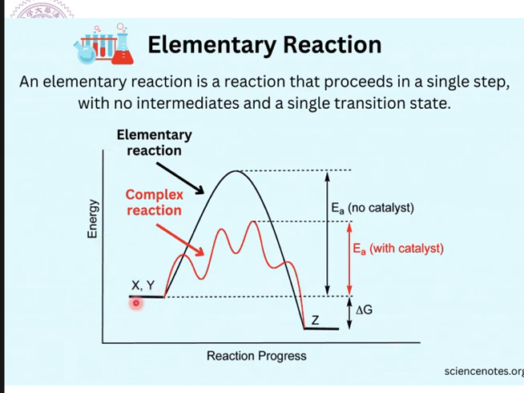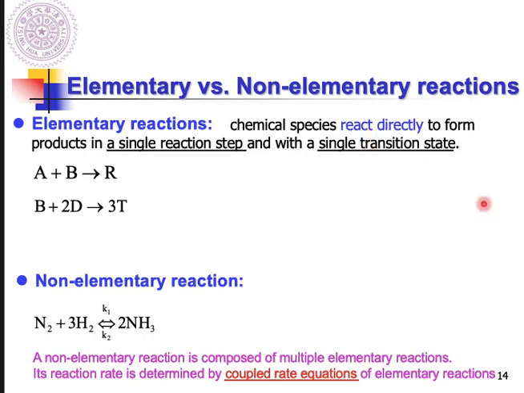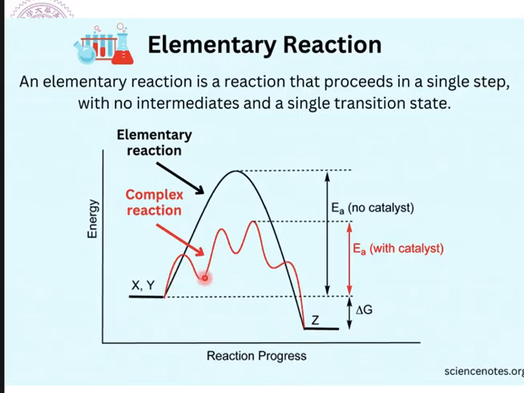This is reactants, this is products. One transition state looks like this, shown in the black curve. And multiple transition states look like the red curve.